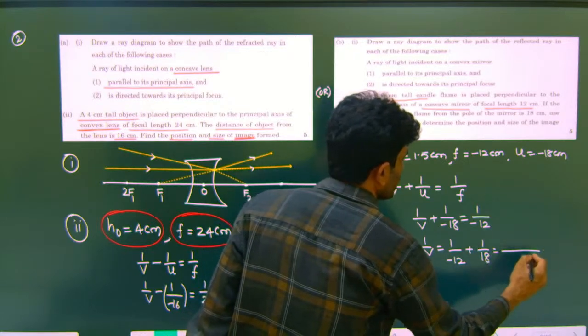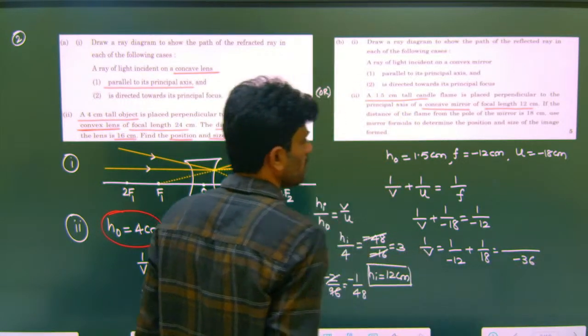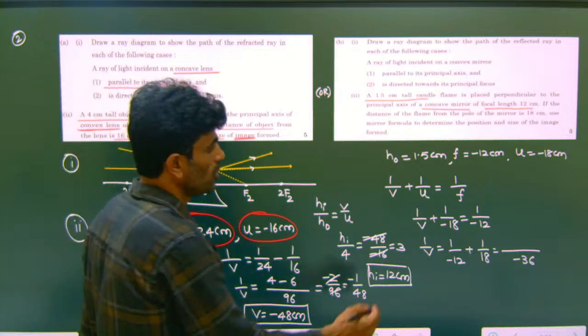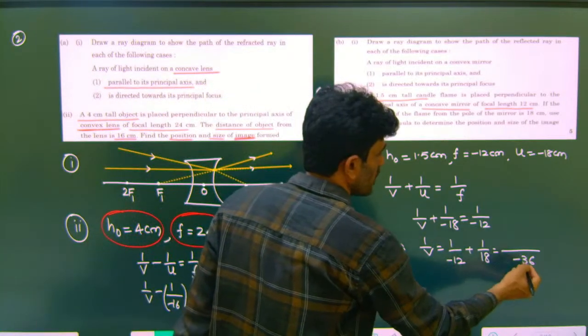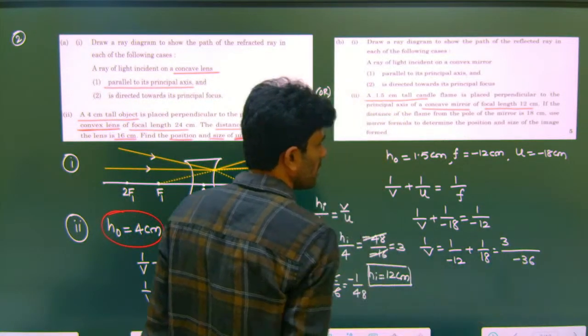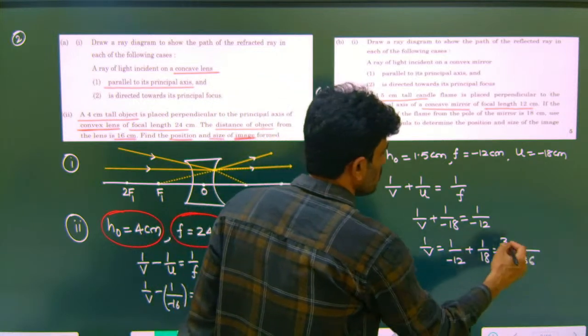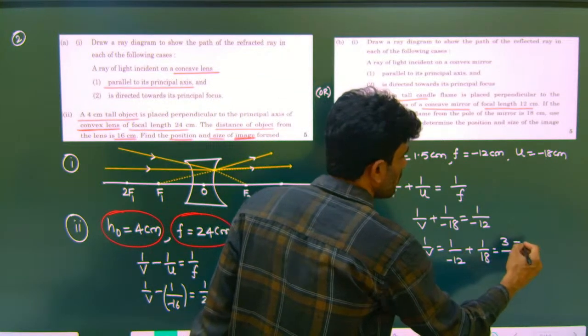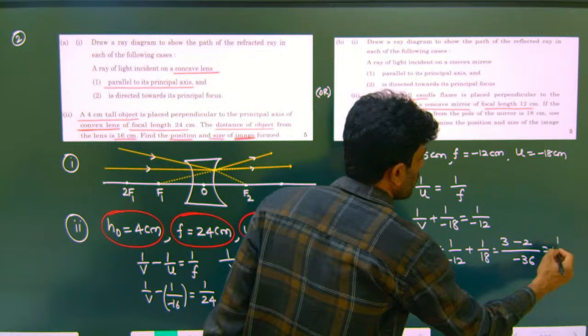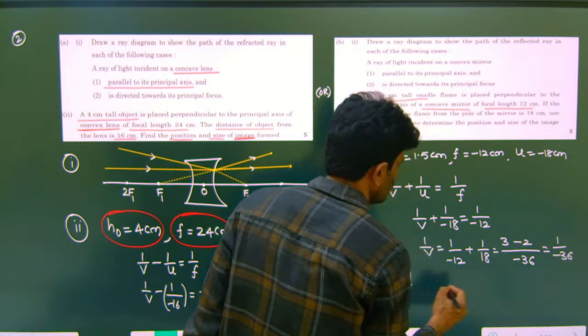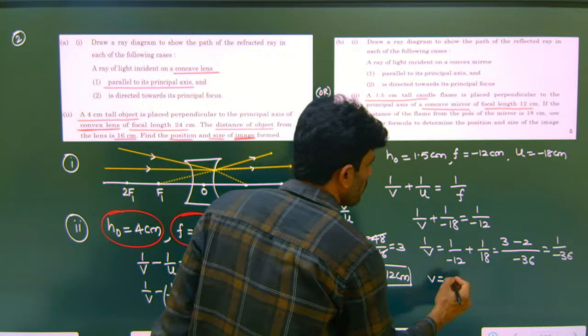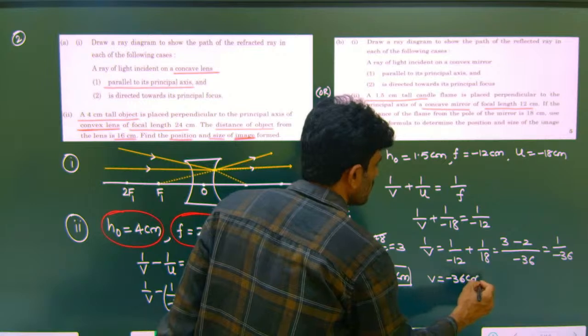You have to take the LCM, that is minus 36. Then 12 3s are 36, so minus is already there, plus 3 we multiply, so plus 3. 18 2s are 36, minus should be multiplied, minus 2. So it is 1/(-36). So v is equal to minus 36 centimeters.